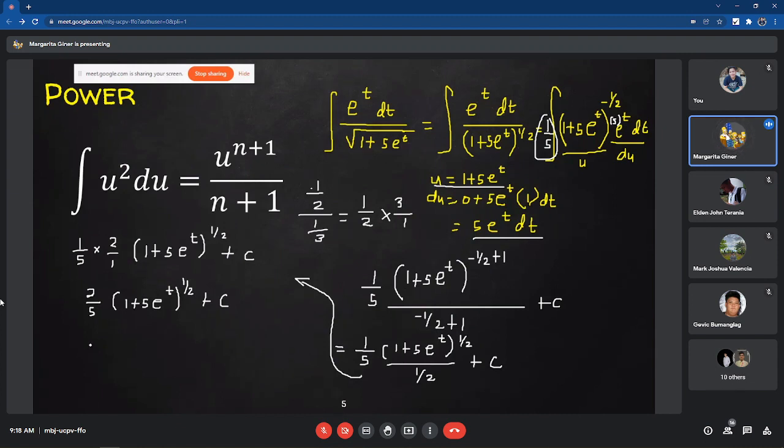Or, if you want, you can also write it as 2/5 square root of 1 plus 5e raised to t, plus C. Or, you can also answer 2 square root of 1 plus 5e raised to t, over 5. Okay? So, any of those three, with plus C, your answer will be correct.